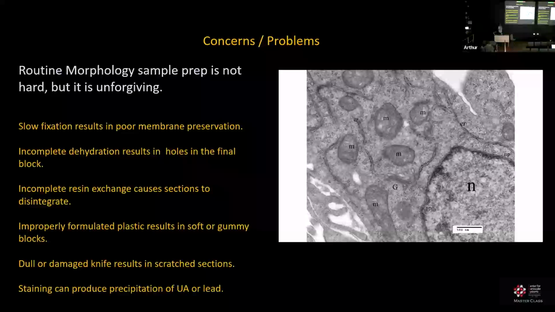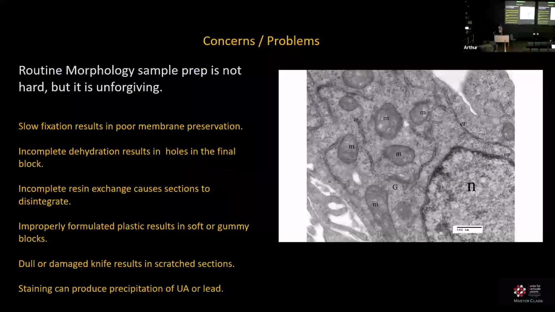Incomplete dehydration results in holes in the final block, which makes it very, very difficult to cut and image the sample. If you have an incomplete resin change and you leave some solvents behind, then as you start sectioning and cutting onto the water surface of the diamond knife, that's just going to dissolve on that surface.